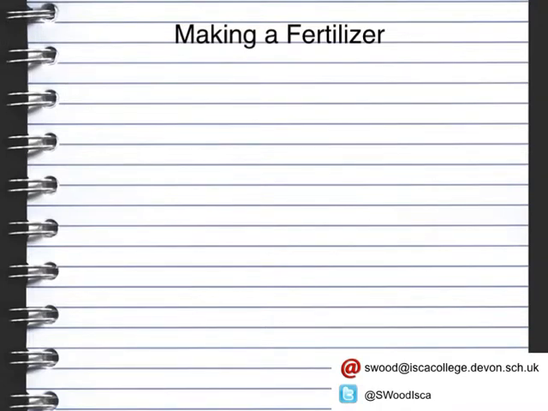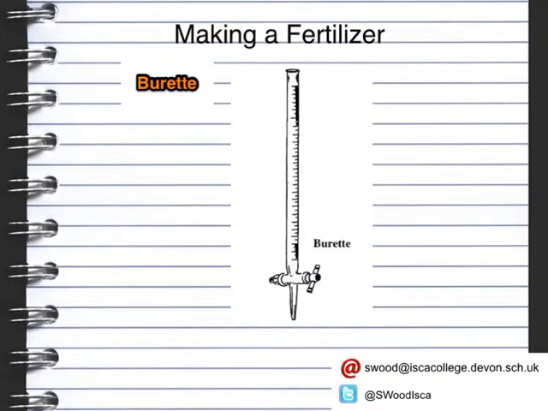In order to make a fertilizer we need to use the equipment that we used in one of the previous lessons, and that is a burette. A burette is one of these pieces of equipment. Underneath the burette we can put an evaporating basin, as we did previously.